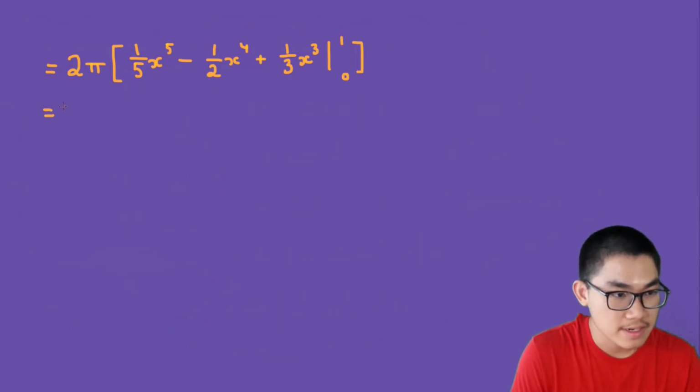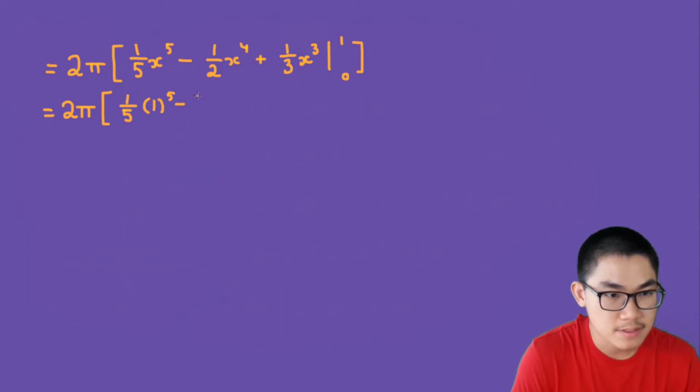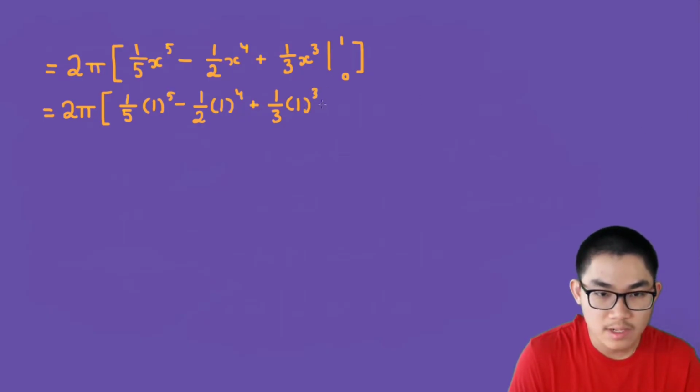So we're going to get 2 times pi times 1 over 5 times 1 to the power of 5 minus 1 over 2 times 1 to the power of 4 plus 1 over 3 times 1 to the power of 3. And we need to minus the lower limit. So we're going to substitute 0 in here.